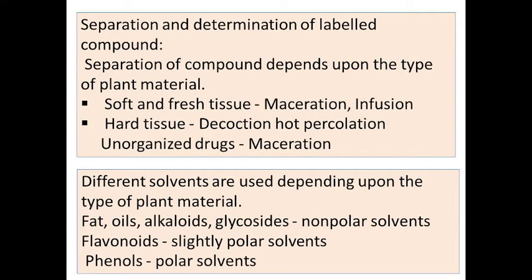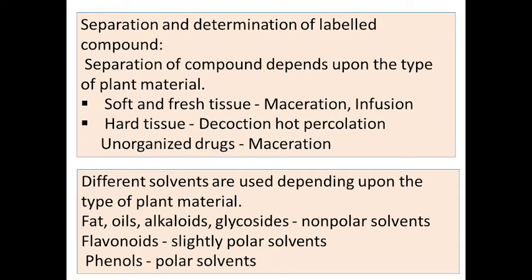Again the same crude drug material is macerated with about 750 ml of solvent for 1 hour, and both the macerates are mixed, the volume is made up and it is concentrated. Such maceration is known as double maceration.